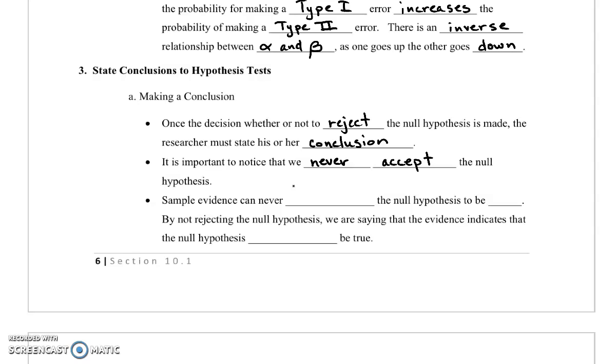And that's because, remember, sample evidence can never prove that the null hypothesis is true. By not rejecting the null hypothesis, we're not saying that the null hypothesis is true. We're saying that the evidence indicates that the null hypothesis could be true.